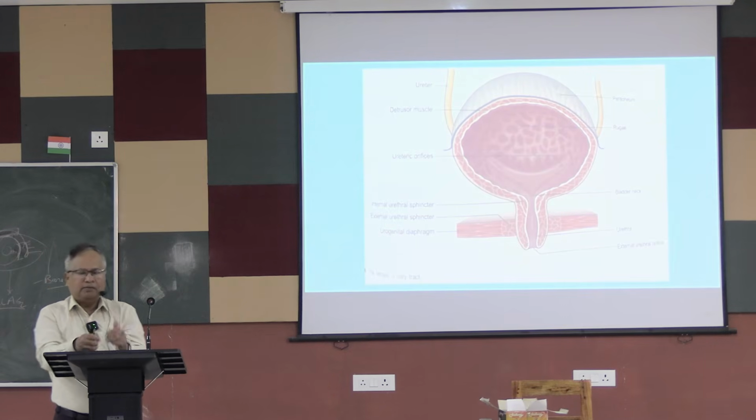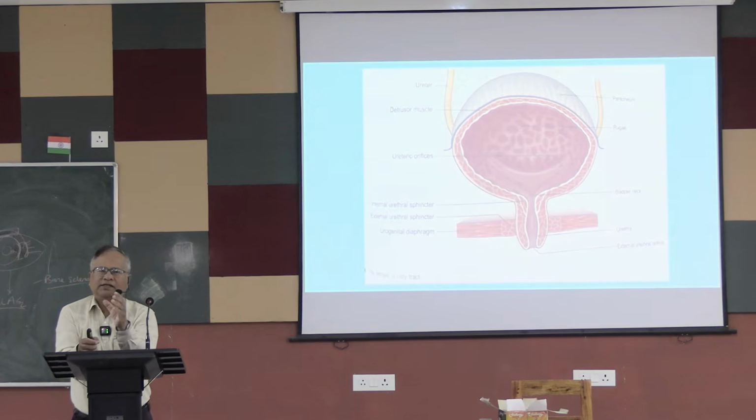This is not done much nowadays because the USG does it almost equally, and there are radiation hazards. In some cases, there may be anaphylactic shock due to the iodine based dye. So, it is not done much nowadays.